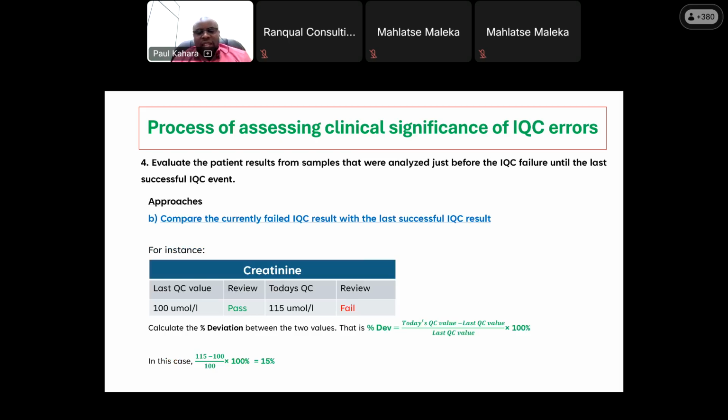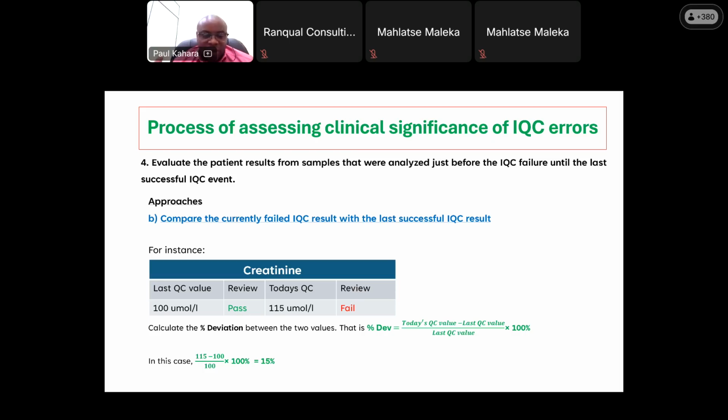The other approach that laboratories use to check for clinical significance is one of comparing the currently failed IQC result with the last successful IQC result. So yesterday, you had a creatinine IQC reporting 100, as indicated on the slide here.